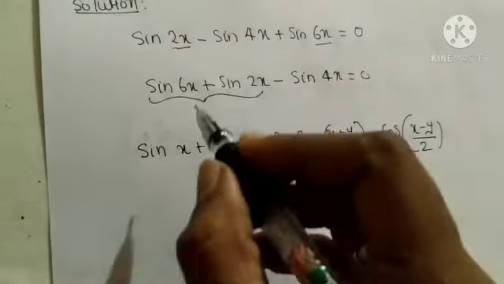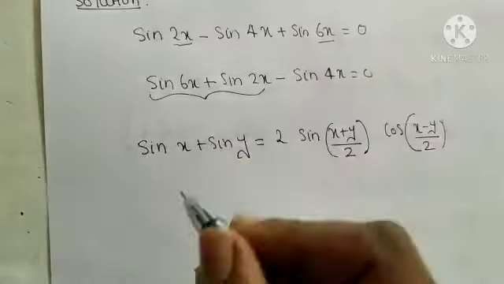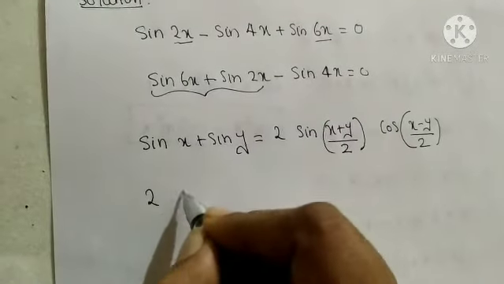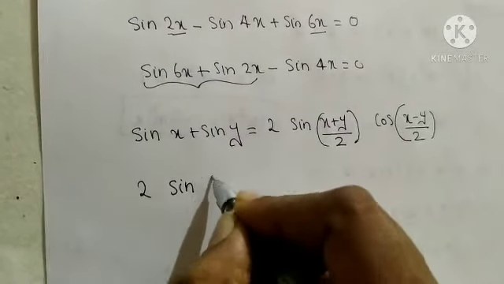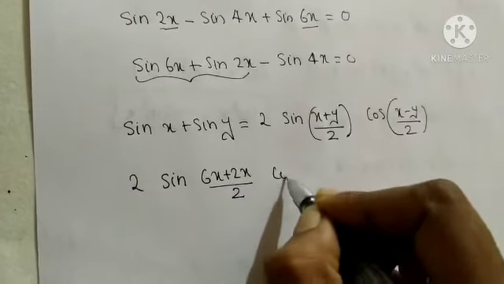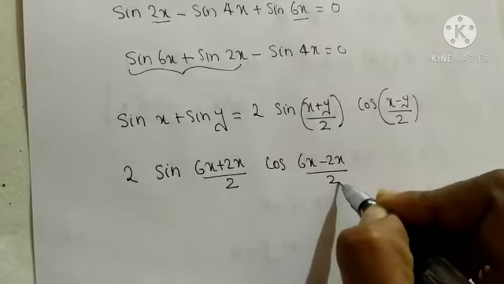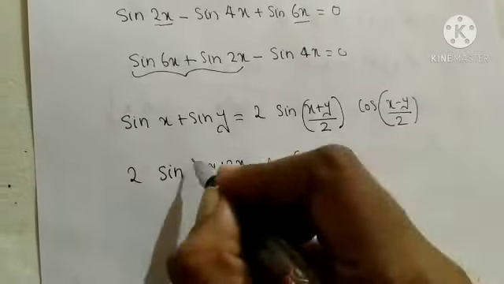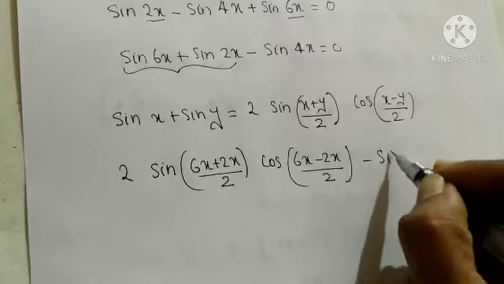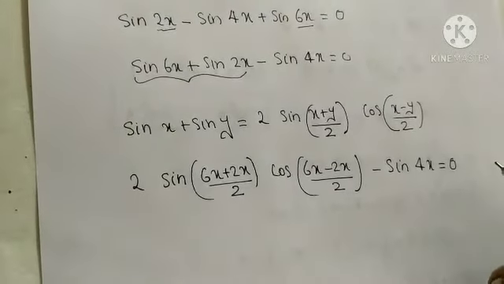So replacing x by 6x and y by 2x, here we get 2 sin of 6x plus 2x by 2 into cos of 6x minus 2x by 2. And also write this minus sin 4x here equal to 0.